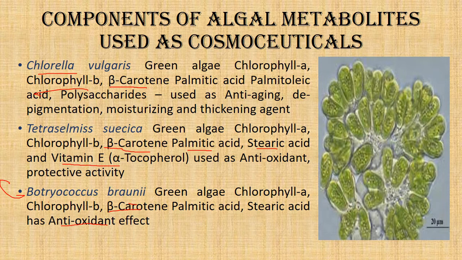But apart from this blooming property, which is a very negative aspect of Botryococcus, we know that Botryococcus is a very good source of biofuel, because almost 70 to 75% of its body weight is oil, various types of fatty acids. So when any algae has 75% of its body weight as oil, it is a very good source of biofuel.